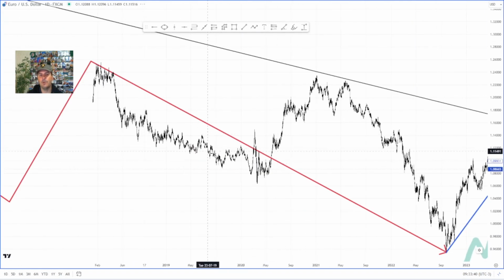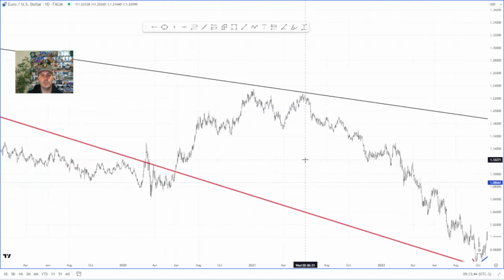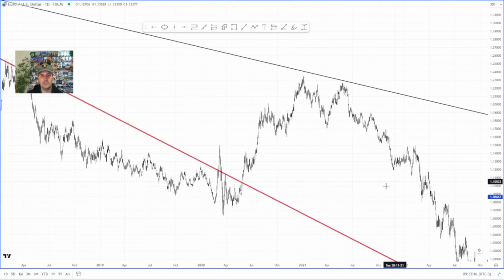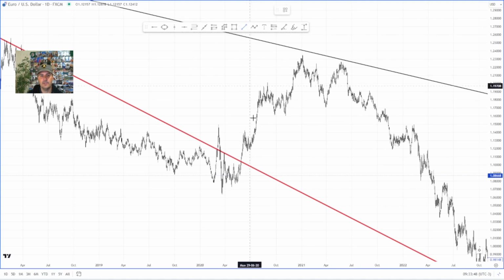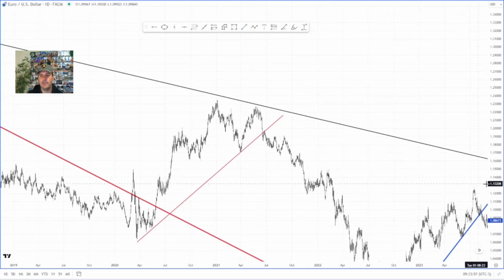I mean, we have many of them, but here we can clearly see. So, the trend line break. I need to readjust like this, okay?